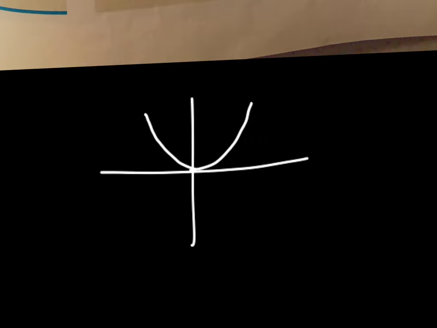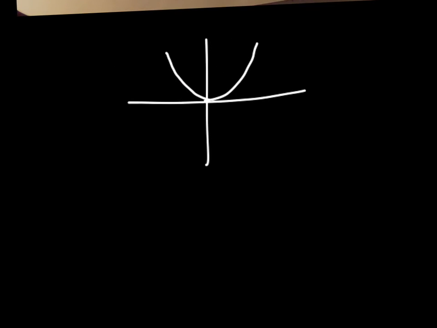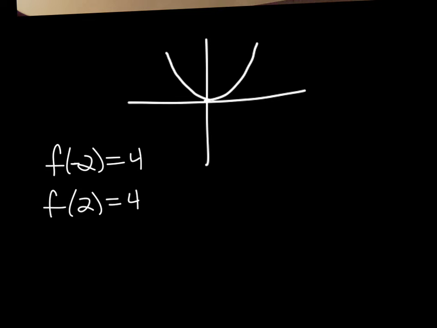So then x squared is an even function because f of negative 2 equals 4, and f of positive 2 equals 4. So then that makes it even, both of those situations, right? When you evaluate the opposite signs, you get the same y value.